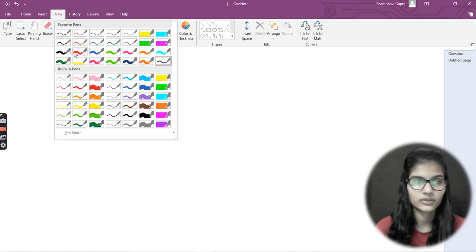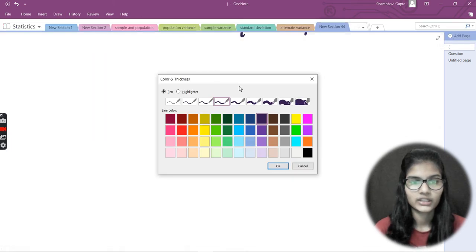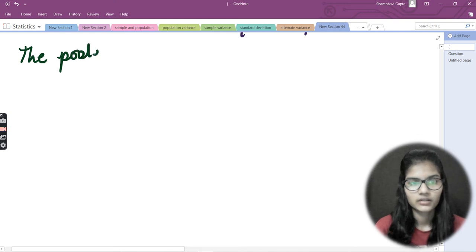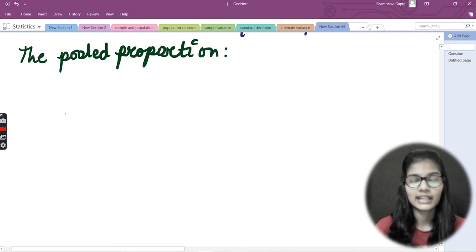Here I would just take a color so that we can proceed with the writing. First I'm going to write the formula for the pooled proportion. How is the pooled proportion calculated?